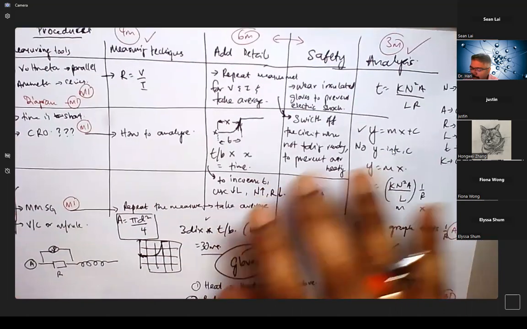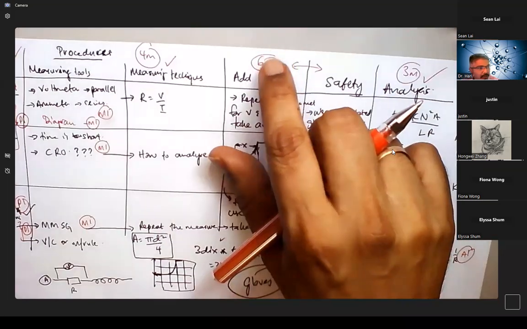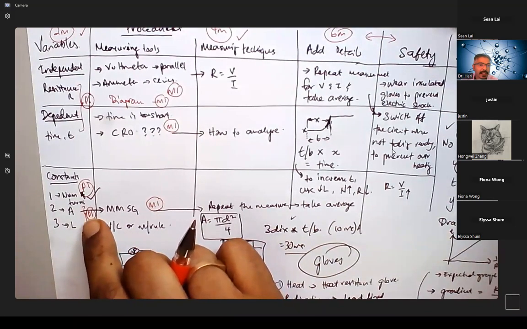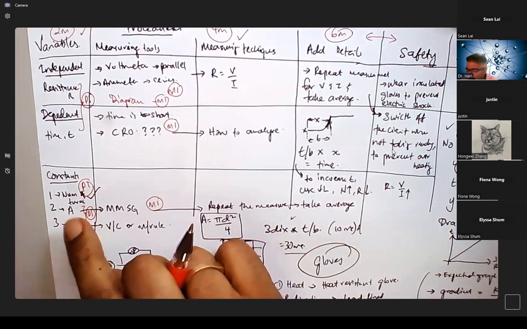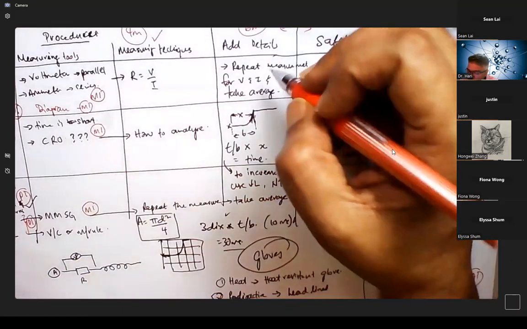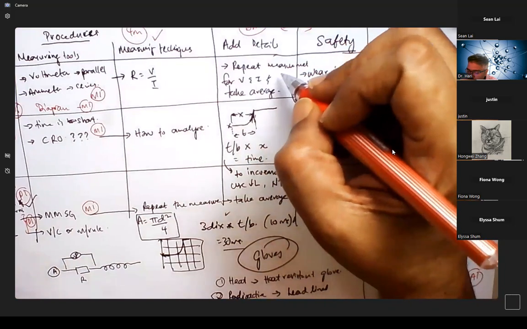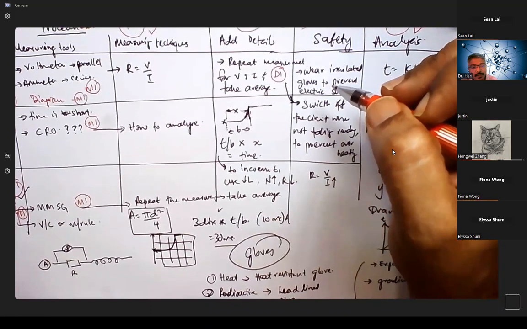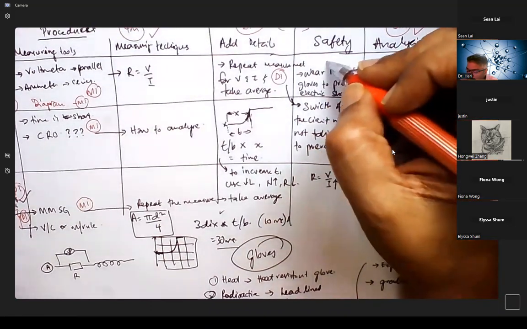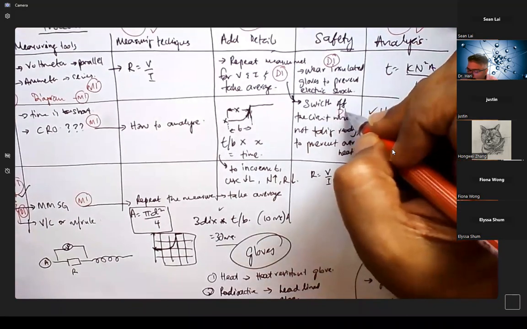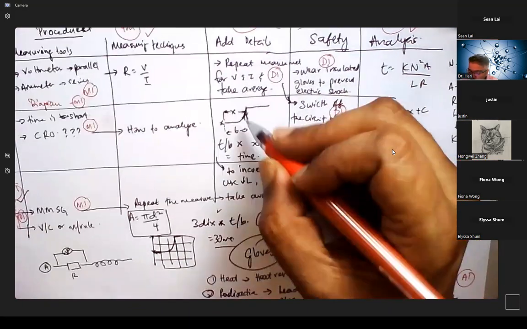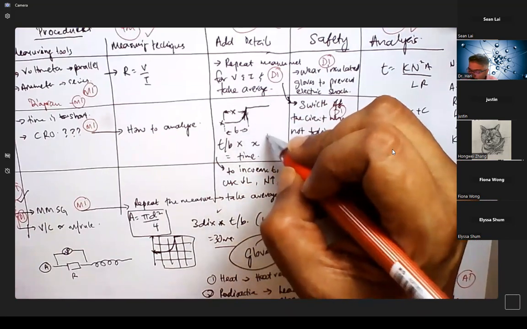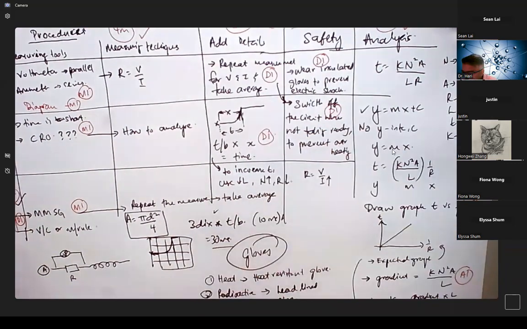Analysis, we mentioned already. How about here, 6 marks? You already score 1 mark here by identifying the other constants. Here you score another mark: repeat the reading and take the average. Don't just say repeat reading; you must say repeat reading and take the average. Another 1 mark is for the explanation of how you analyze the CRO to find the time.